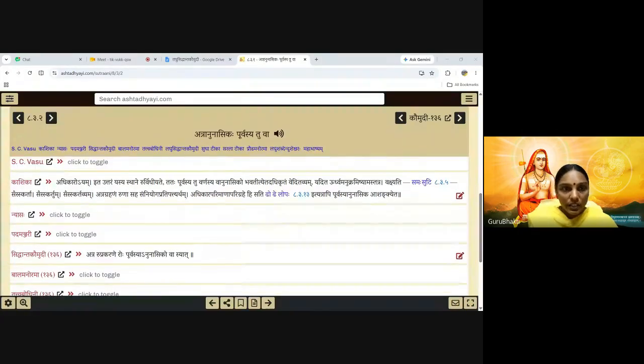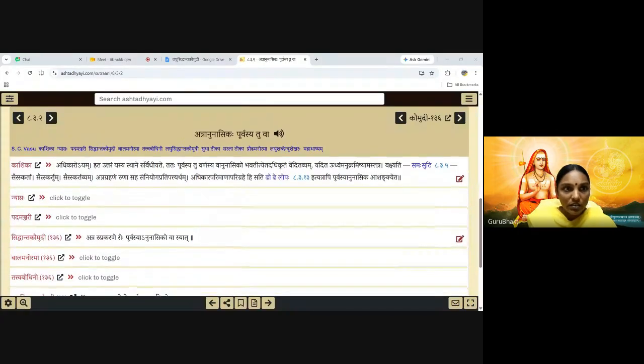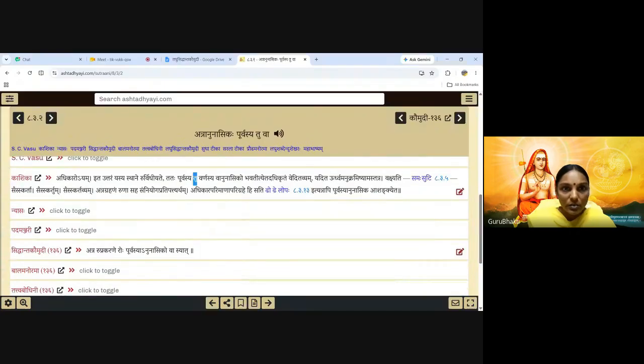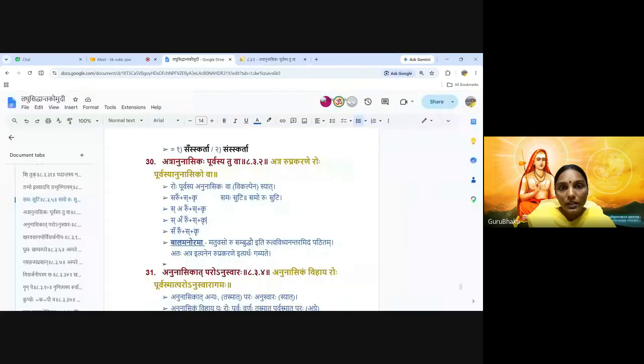I don't see any explanation here. Here Kashikakar also mentioned this two only. There's no explanation for that. Purvasya tu varnasya. I will let you know that point. Okay, any other doubt?